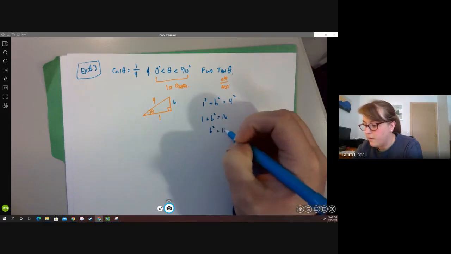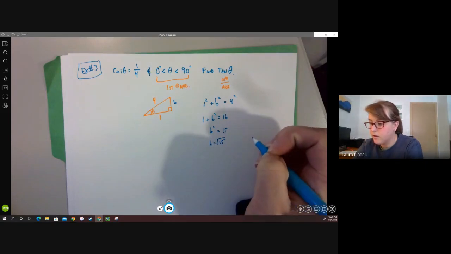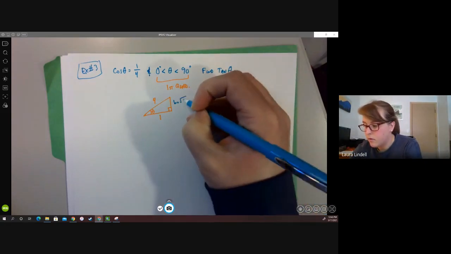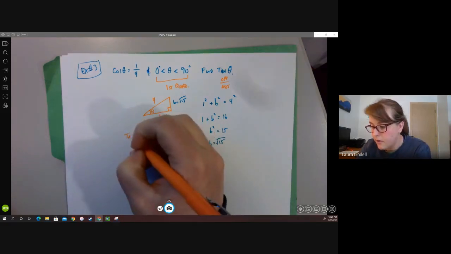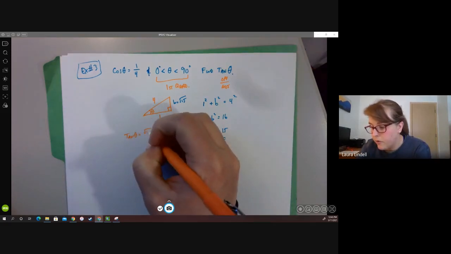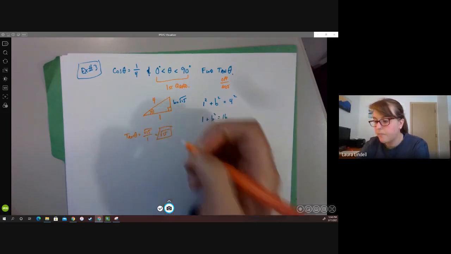B squared is 15, so b is the square root of 15. So then, since tangent is opposite over adjacent, tangent of theta would be root 15 over 1, which is just the square root of 15.